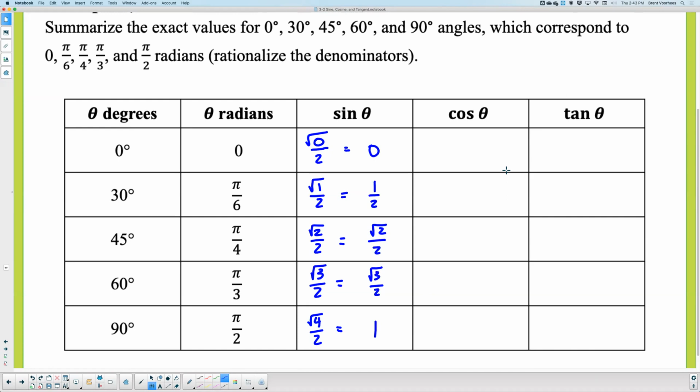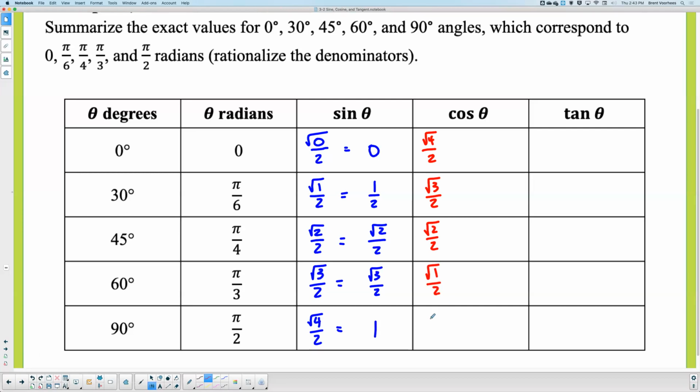Cosine works like this. Cosine starts at the square root of 4 over 2. So what are you going to guess, Evelyn, is this one? She's absolutely correct. What would you guess this one is? Square root of 2 over 2. Square root 1 over 2.